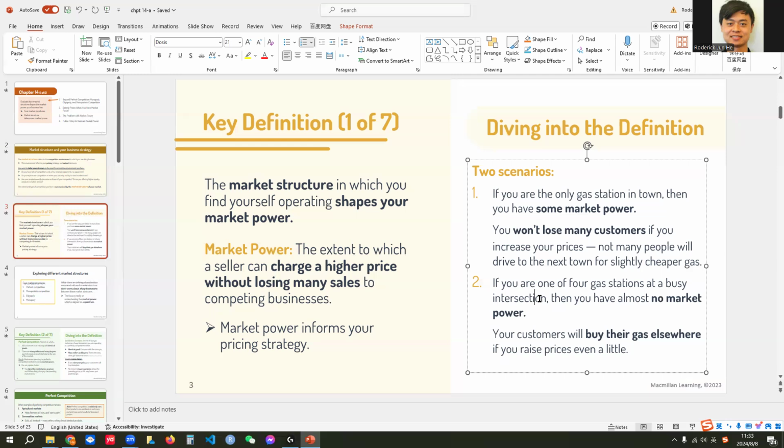What are they doing? They're using a little bait to make sure that even though there are four gas stations and other alternatives exist, customers choose you because you're different. So these are the two scenarios of creating inelasticity.